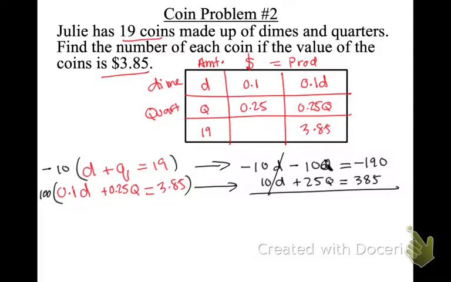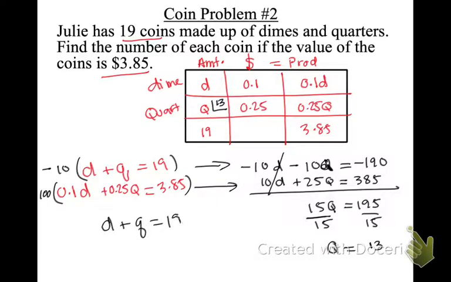Be careful when you're adding and subtracting upwards, so I would use a calculator or rewrite it. Here I'm going to end up with 15Q, 385 minus 190 is 195. Divide both sides by 15. And we end up with quarters is equal to 13. So if we have 13 quarters, then we're doing D plus Q equals 19.